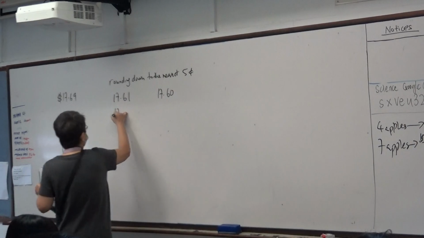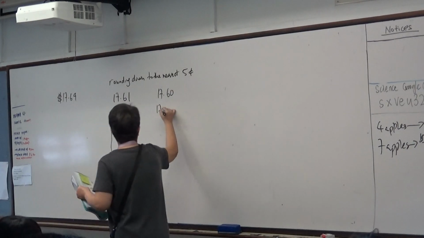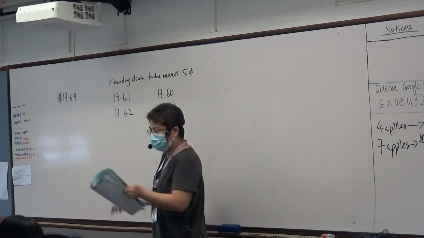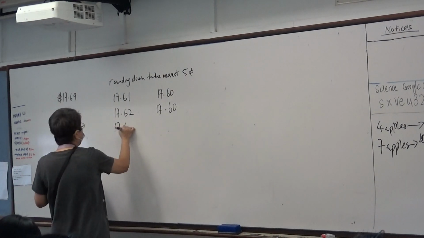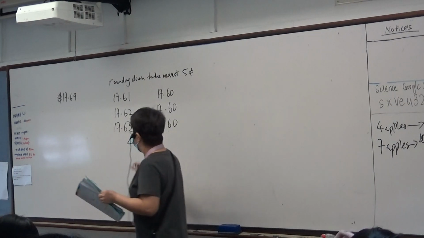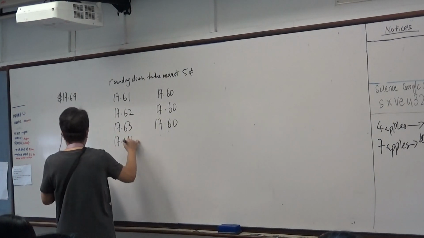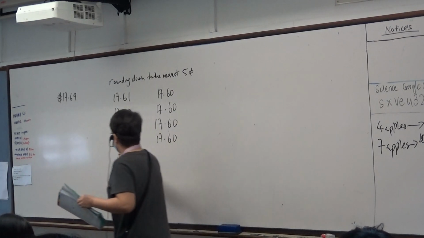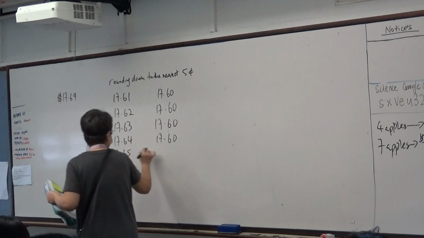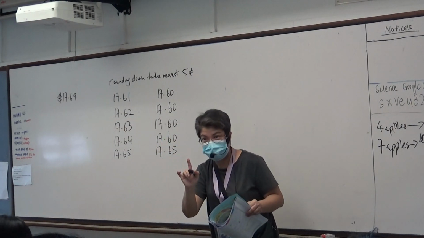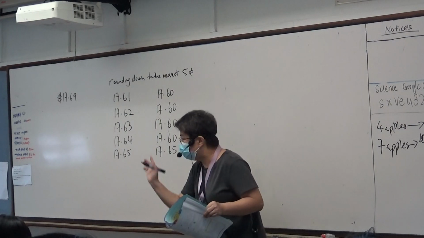How about 17.62? It will also be 17.60, right? How about 17.63? Also 60, right? What about 17.64? It's also 60, right? What about 17.65? Then it will be 65 because they have 5 cents. Understand? All this is being rounded down.